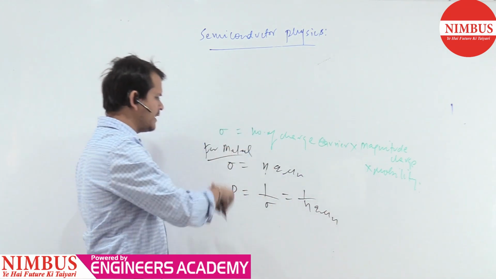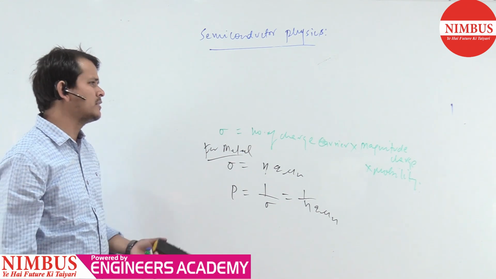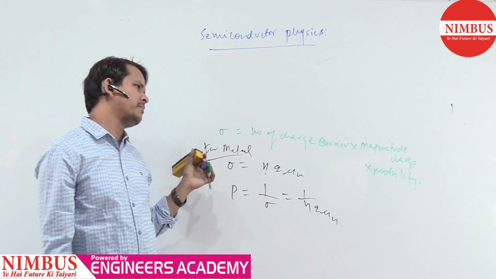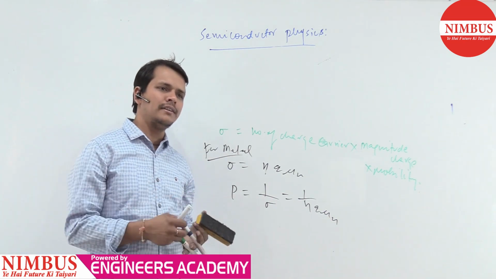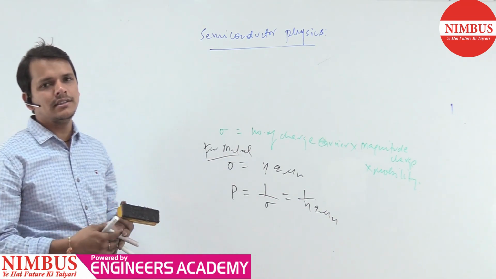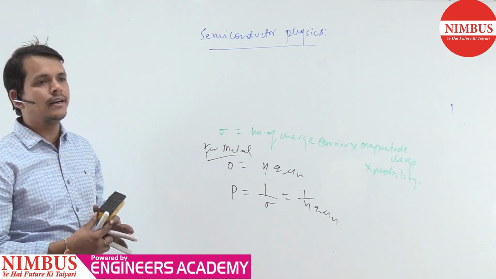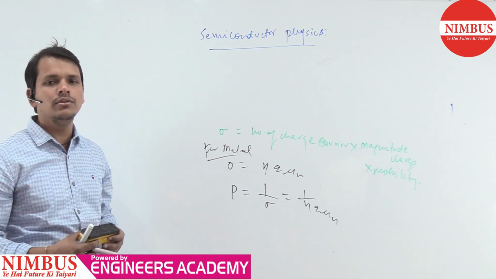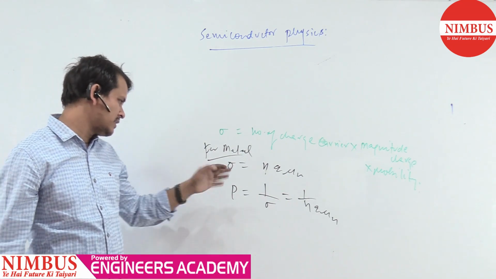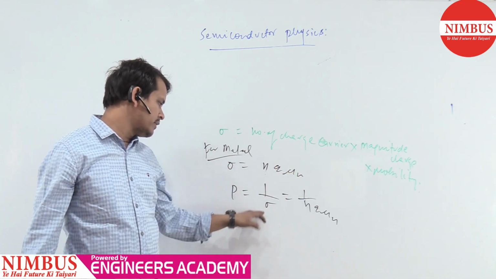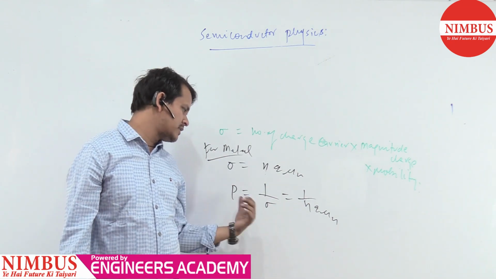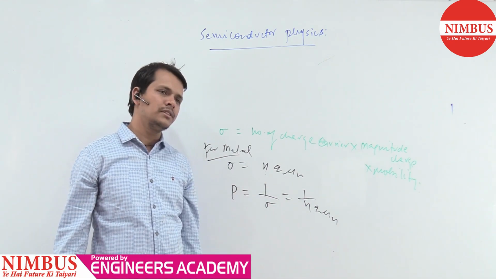And this is just for metal, because in semiconductor I just take a very brief idea. Whenever I discuss semiconductor in detail, I will define the conductivity, because in the semiconductor two particles are responsible for the current, one is hole and one is electron, but in metal only the electrons are responsible for the current. So I take the conductivity as n q mu n, and rho is equal to 1 upon sigma, and this resistivity is just the reciprocal of conductivity mathematically.